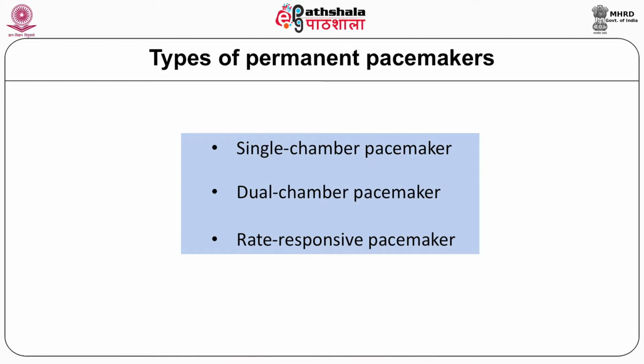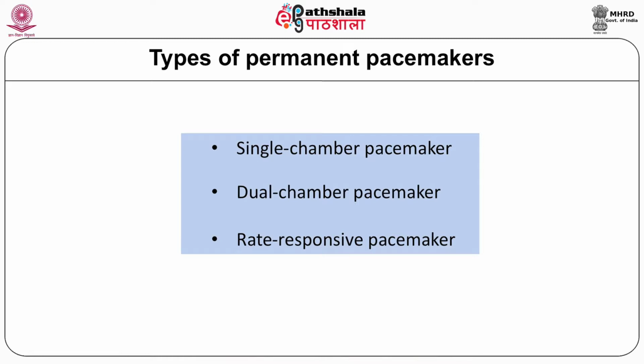One lead paces the atrium and one paces the ventricle. This type more closely resembles the natural pacing of the heart by assisting in coordinating the function between the atria and ventricles.